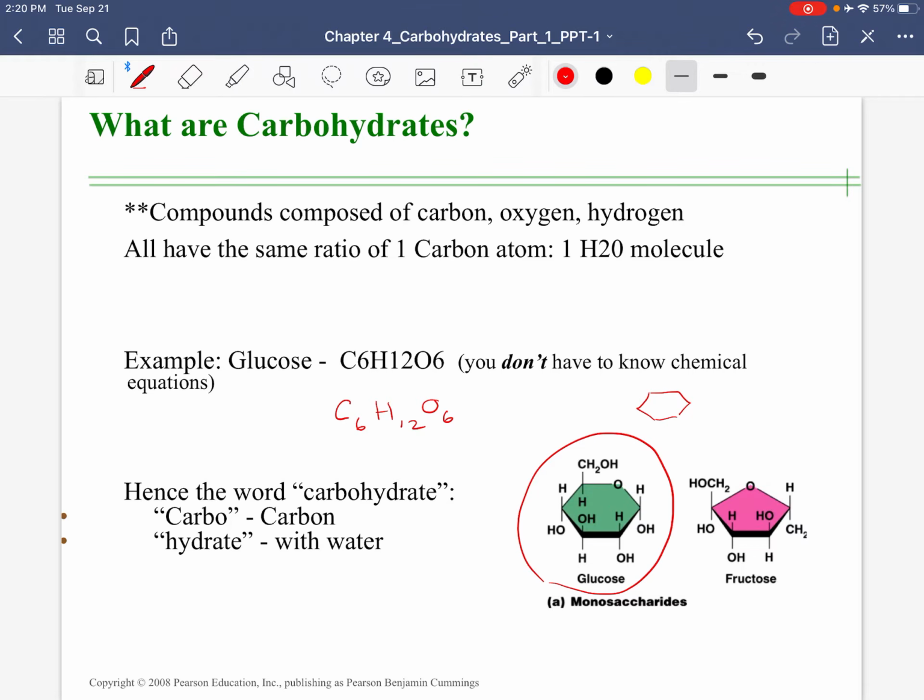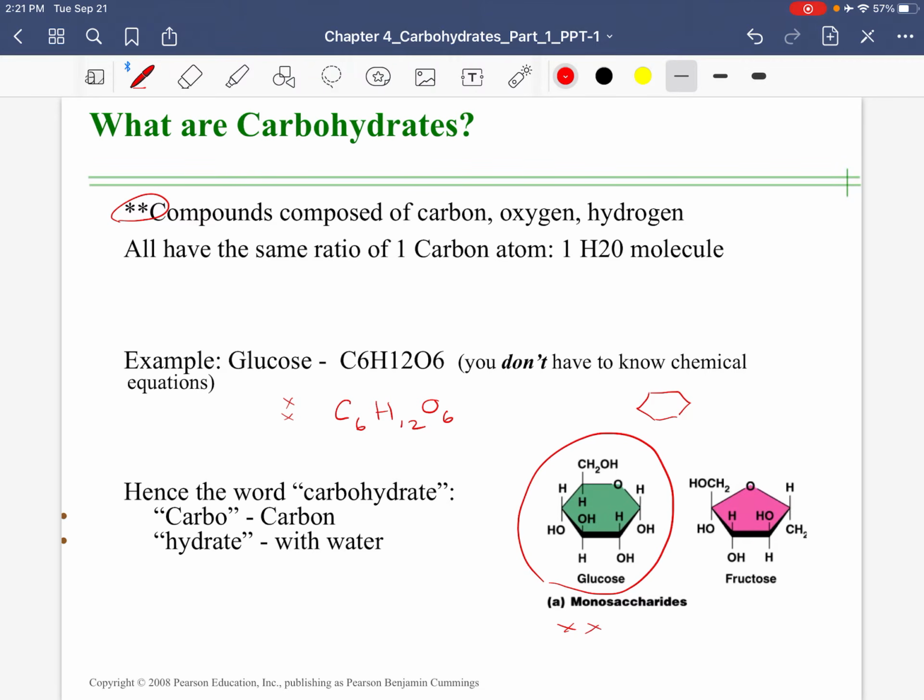You do not have to know all these chemical specifics. I like to show a picture so you know what a carbohydrate looks like chemically, molecularly, but you don't have to know what it looks like specifically. You definitely don't have to know the chemical equations.